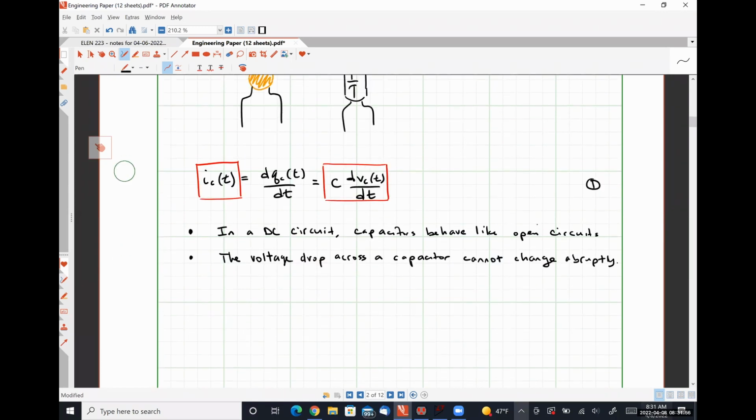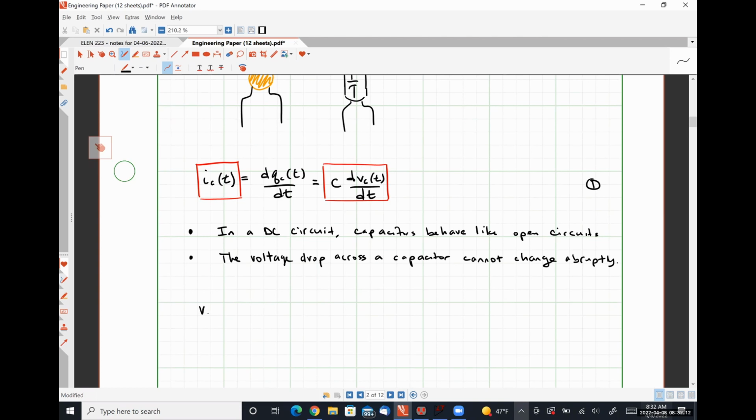So we can manipulate this equation. Instead of defining the current in terms of a known voltage, we can work it the other way around and figure out what the voltage is in terms of a known current.